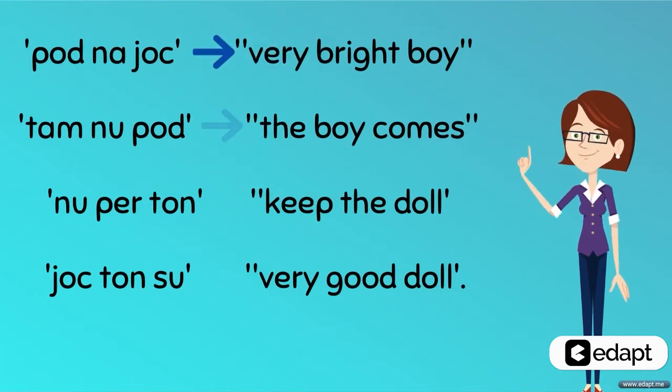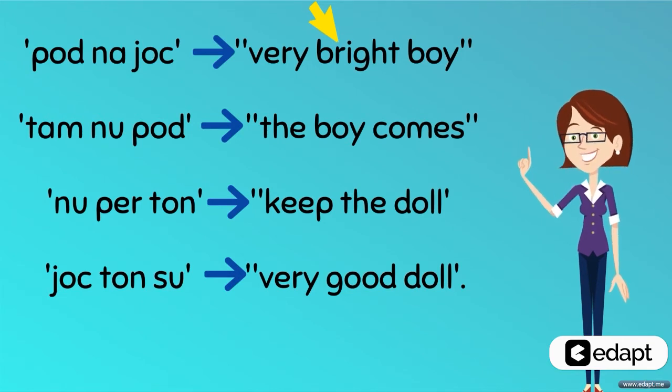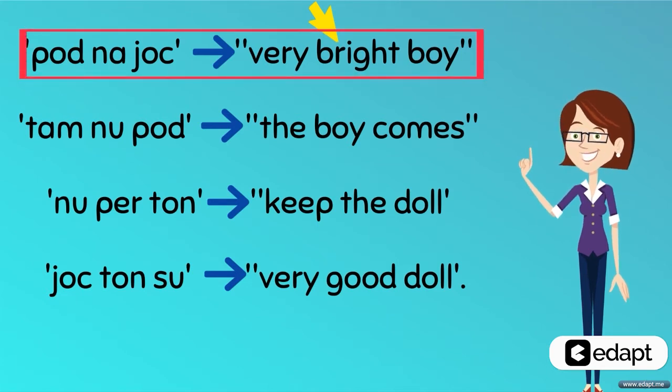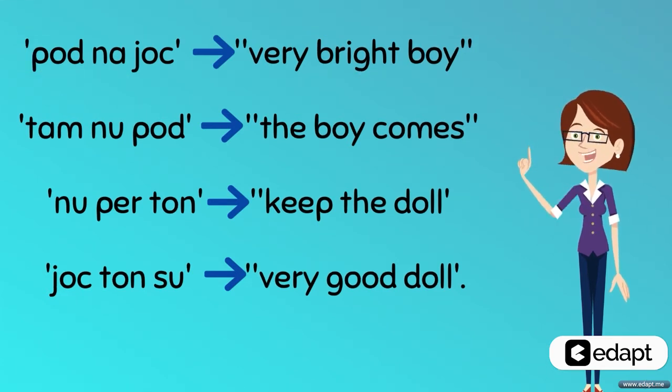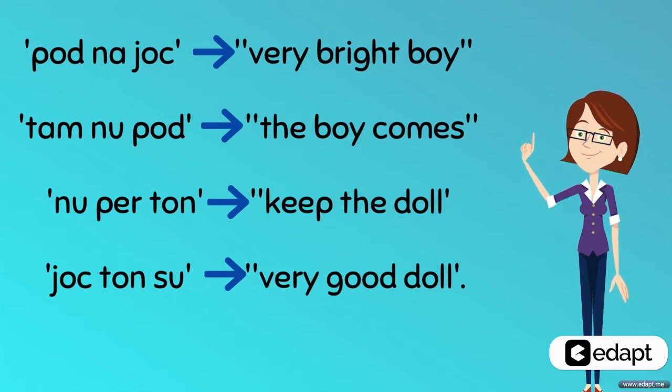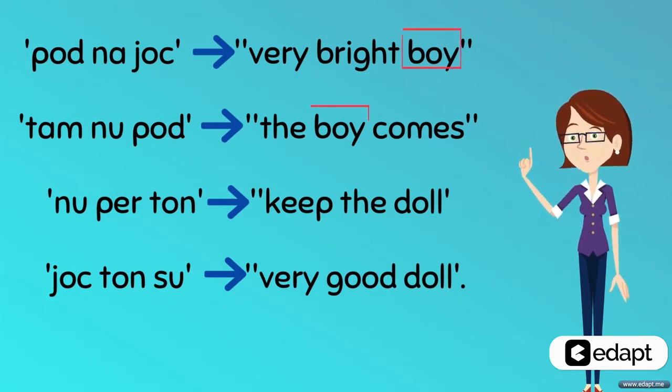Here we need to find the code for the word bright. We can observe that the word bright is given in the first phrase. Therefore, we will compare the first phrase with others to find the code. Now, when we compare phrases 1 and 2, the common word is boy and the common code is pod.